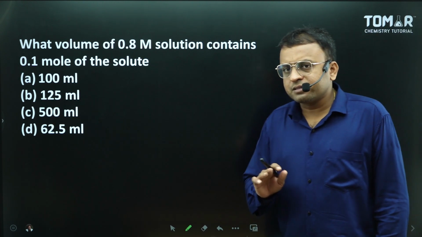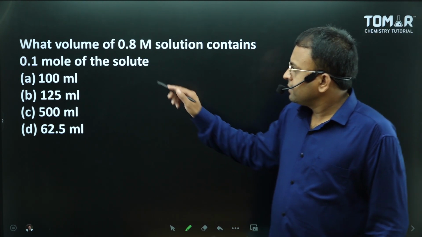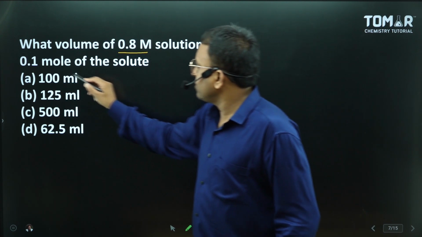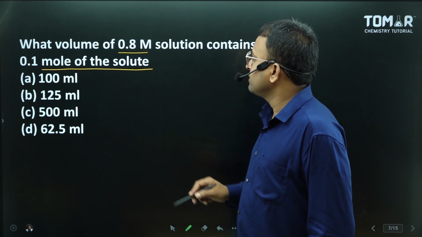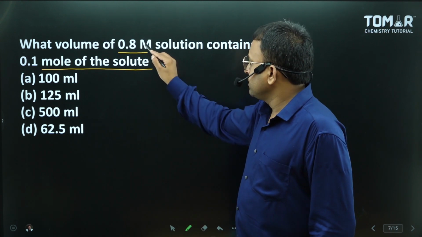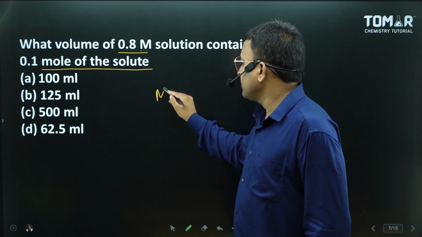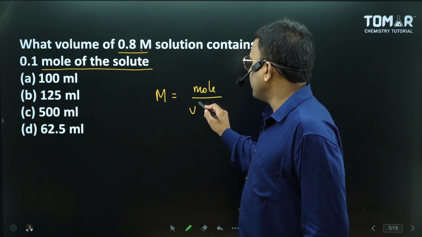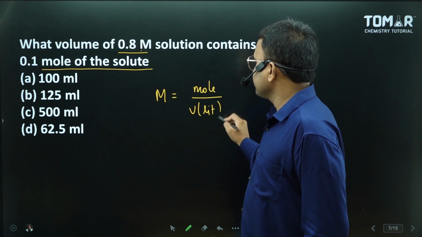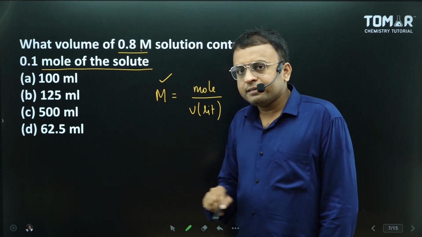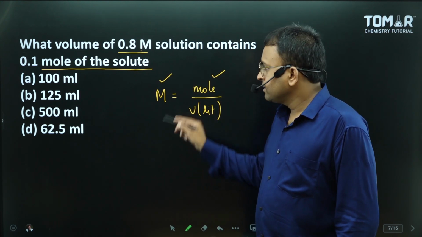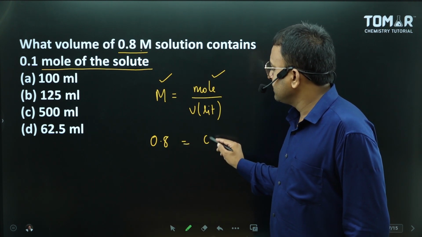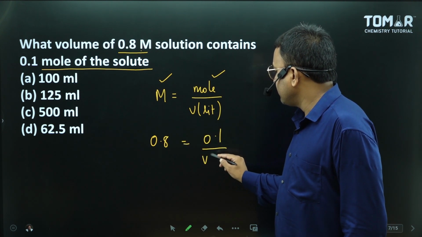Write the formula of that concentration term. What volume of 0.8 molar solution contains 0.1 mole of solute? Molarity is mole divided by volume in liter. We have given molarity and mole. Value of molarity is 0.8, mole is 0.1.